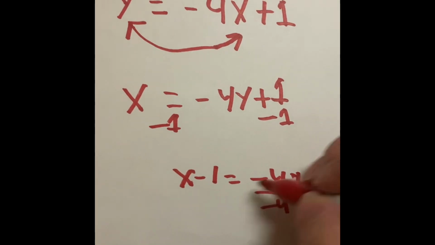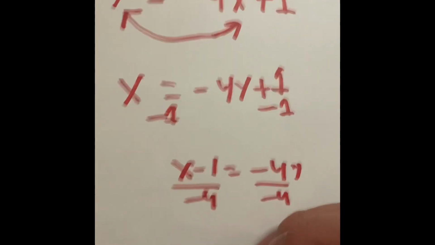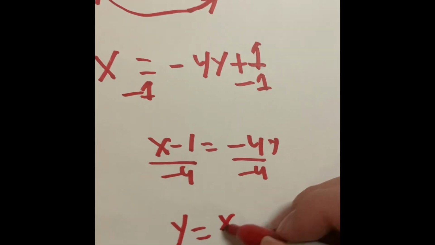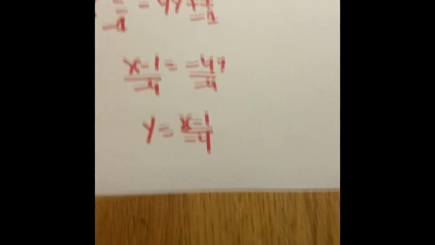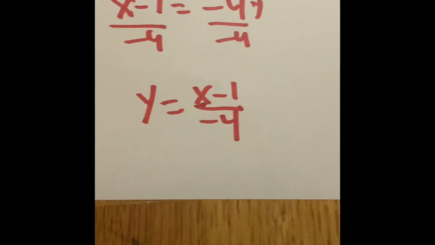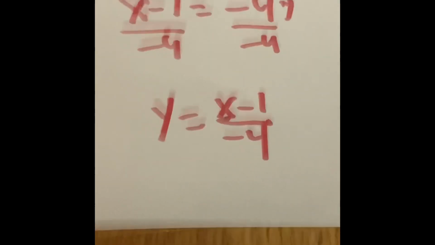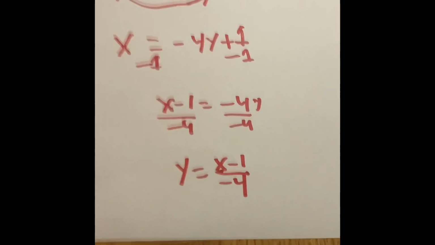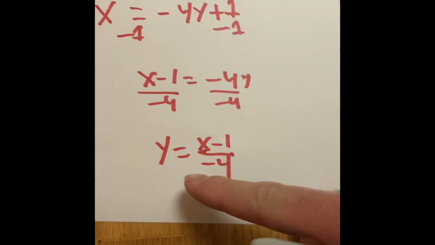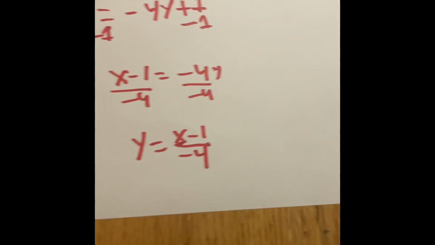Divide both sides by negative 4, and y is equal to x minus 1 divided by negative 4. But hang on, why are we using y as our answer? What we wanted to do is use x and also add a function. So we turn that y back.